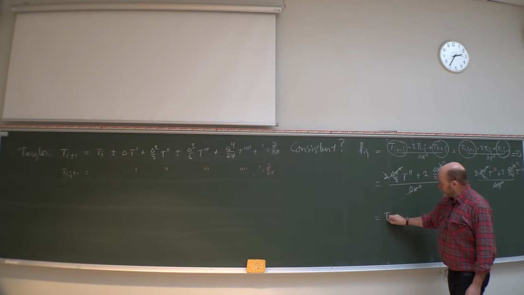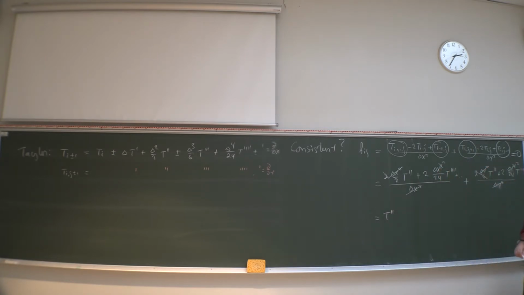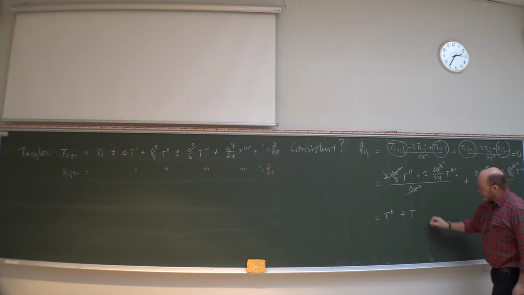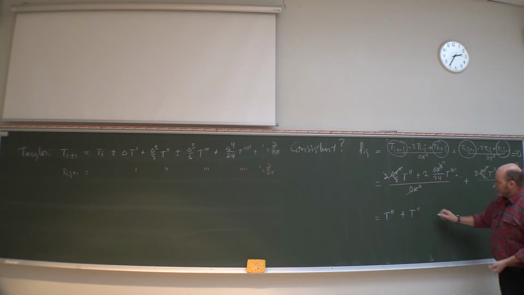I have this one, T double derivative with respect to x plus T double derivative with respect to y, and then I will have plus 1 over 12, and here I will have delta x to the power 2 times T 1, 2, 3, 4 plus T 1, 2, 3, 4 multiplied with delta y squared, and then even higher order terms if you like.